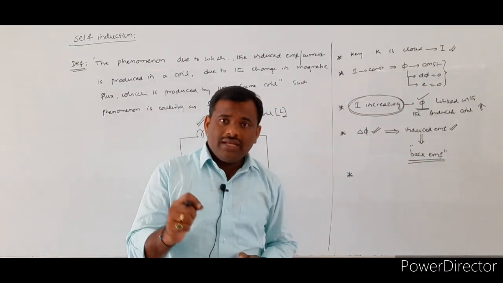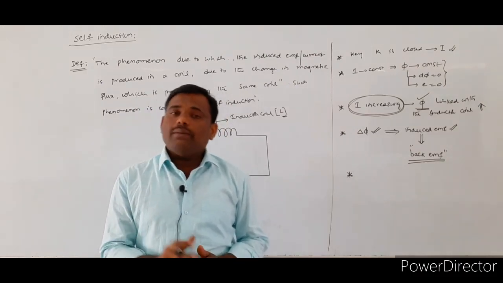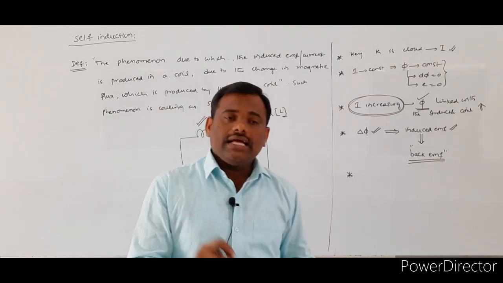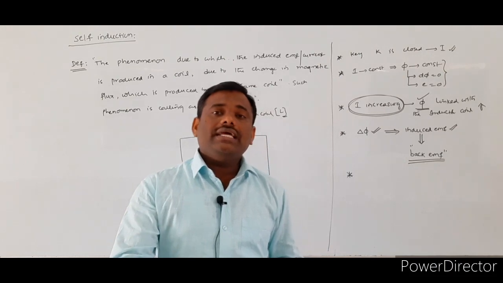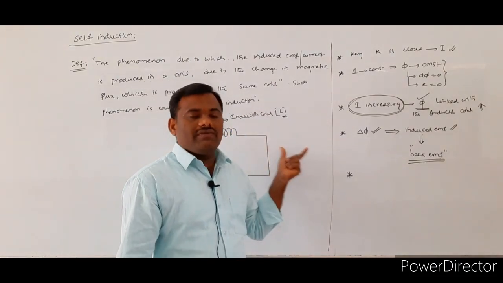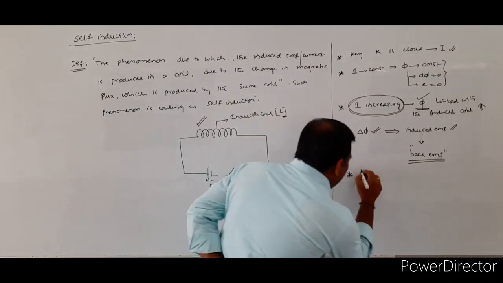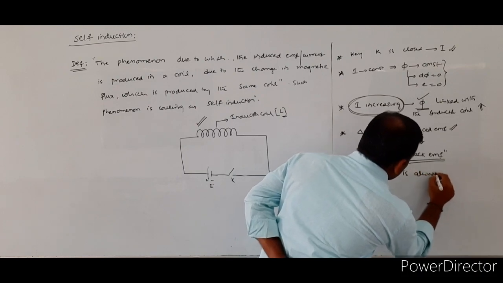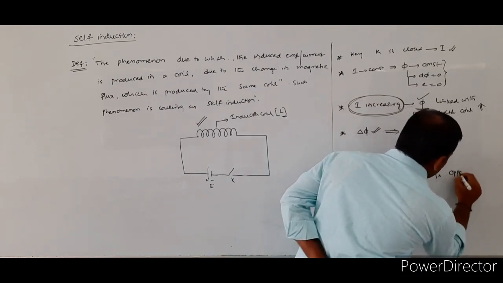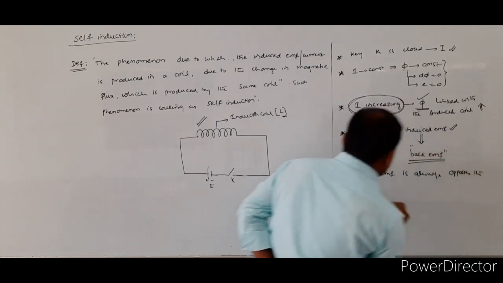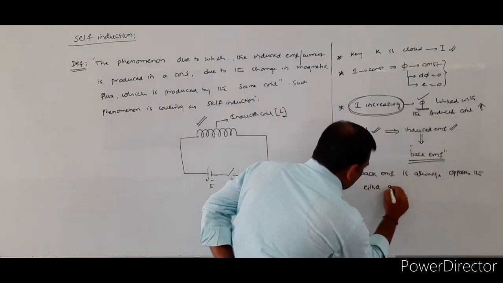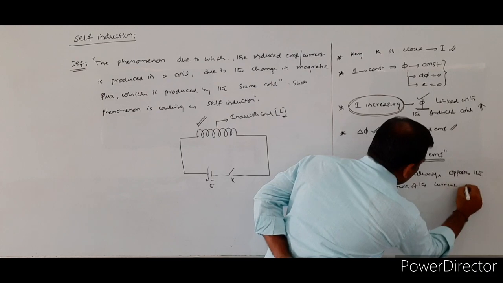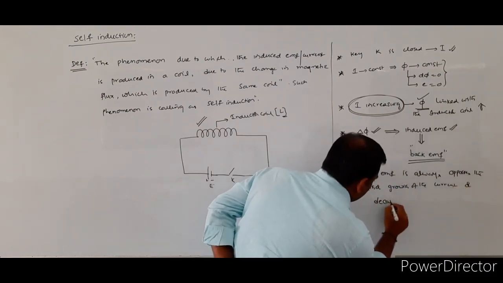Once again, what is the main role of the back EMF? The back EMF always opposes either the increase or the decrease in the current passing through the given inductor coil. That is, it always opposes either the growth of the current or the decay of the current.